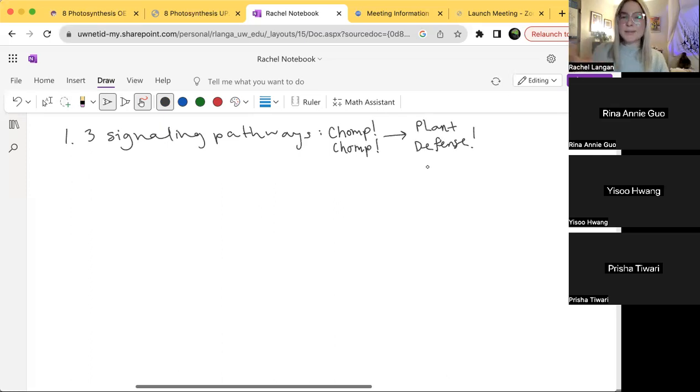So there are three pathways we talked about that do that. And then the other big thing you need to know is how do we get signaling at different distances?